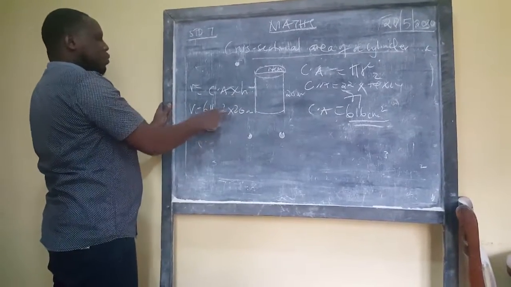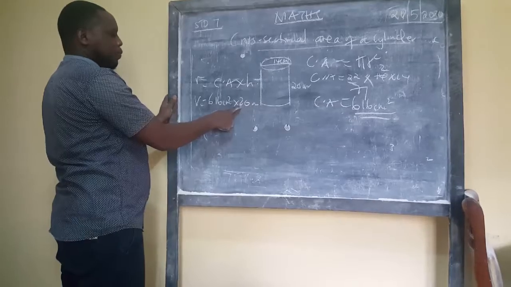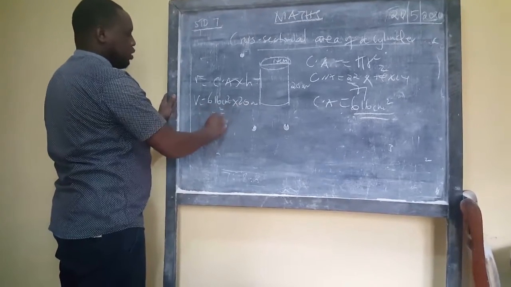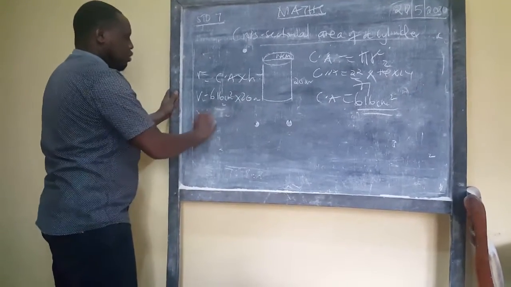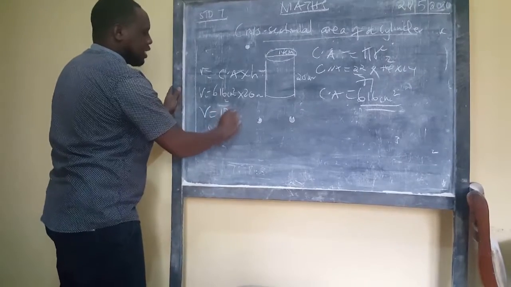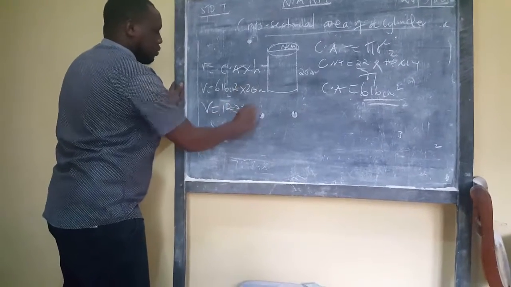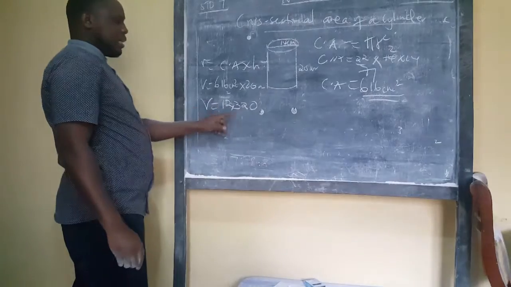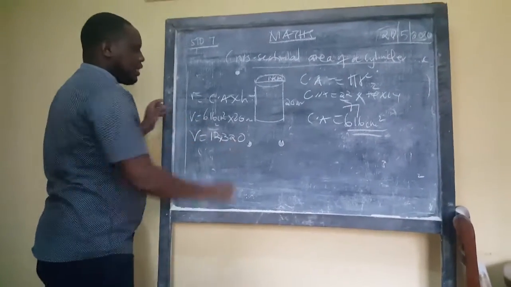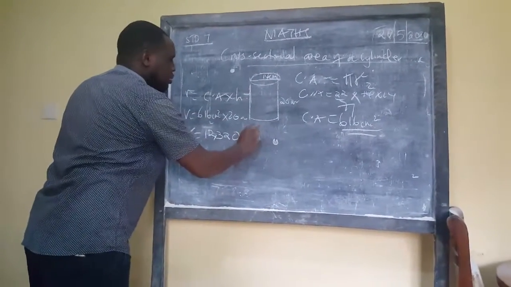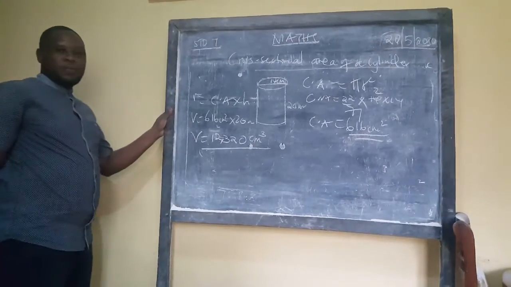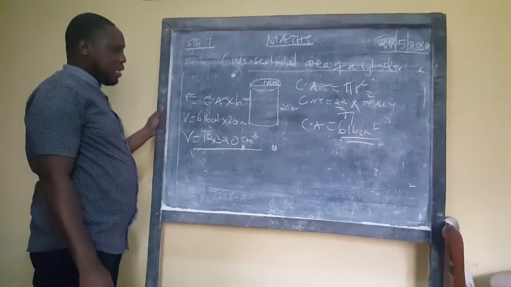This is going to give you 616 times 2. That is going to be 2, 3, 12, 32. So our volume is going to be 1,232. Then you add this 0. 12,320. These are centimeters, so units will be centimeters cubed.